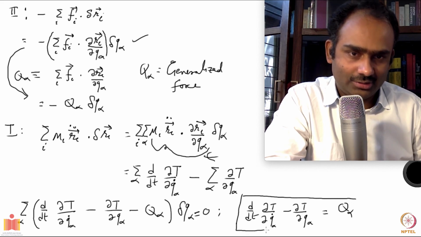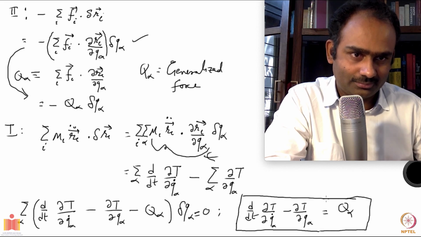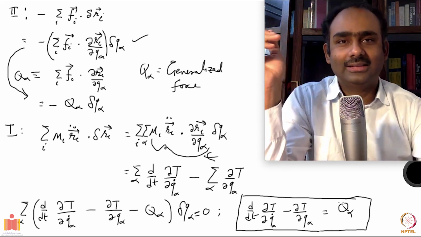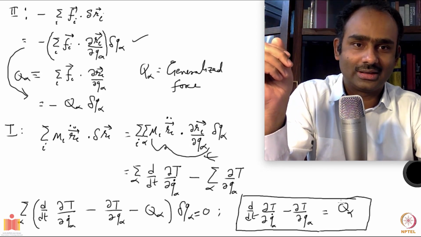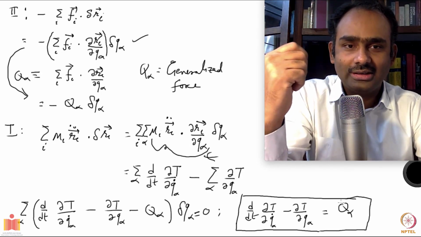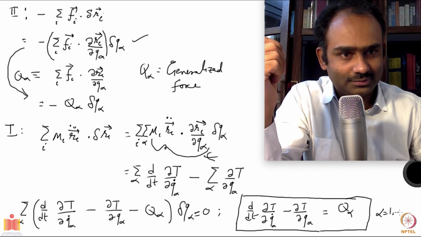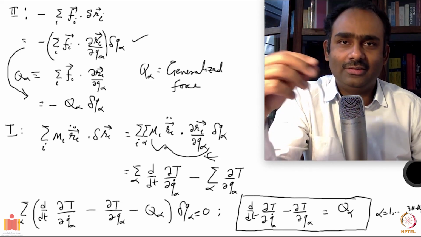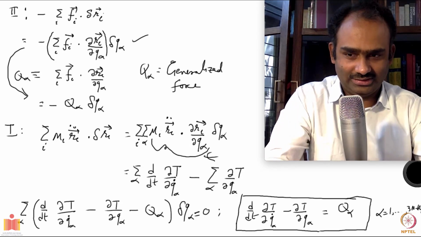This is nice for several reasons. Okay, this is the equation of motion that the system has to satisfy. Each coordinate q alpha will evolve according to these sets of differential equations.